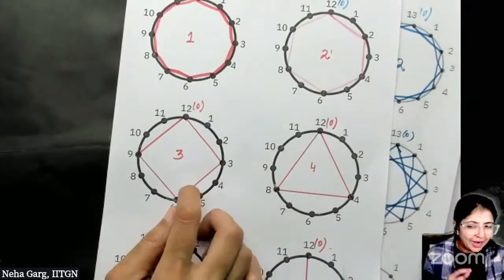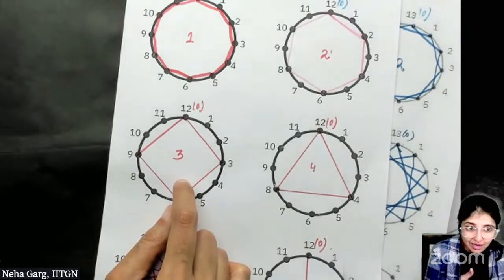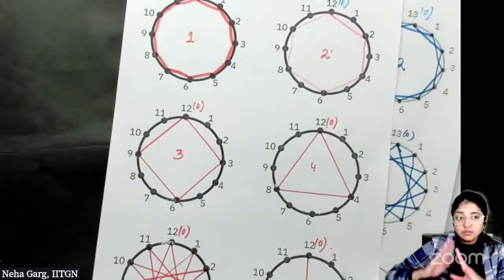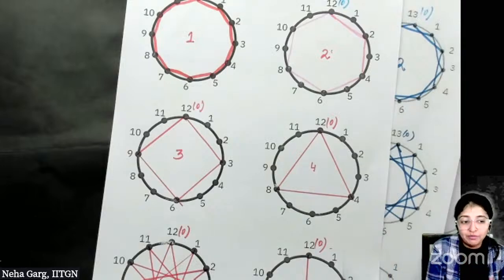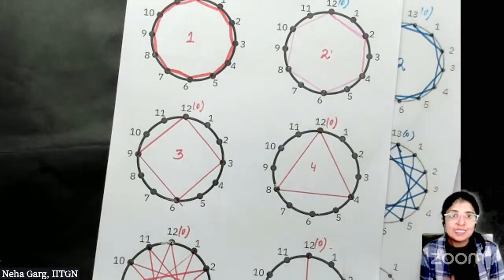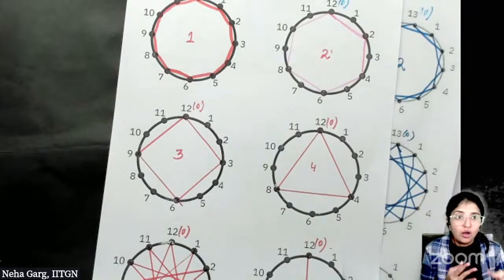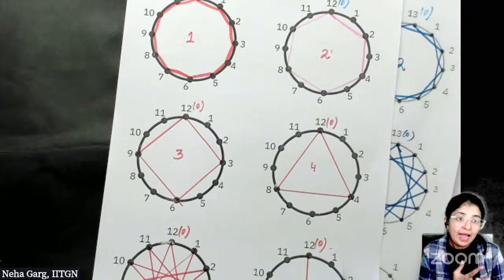Now, can you find what is special about these numbers with respect to 12? We saw the numbers 5 and 7 do not divide 12. But what is special about these other numbers? All these numbers, 1, 2, 3, 4, then 8, 9, 10, have one thing in common.